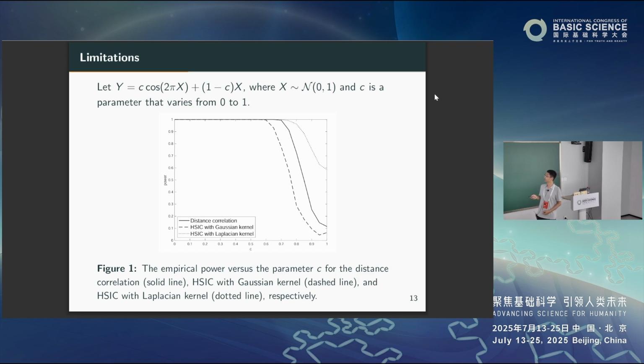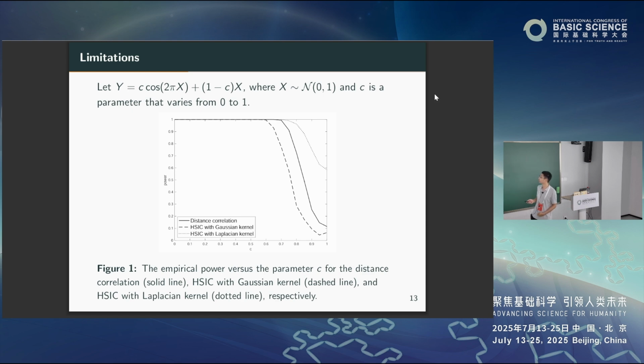If C equals 1, Y depends on X purely nonlinearly. So the parameter C controls whether Y depends on X more on the nonlinear side or more on the linear side.